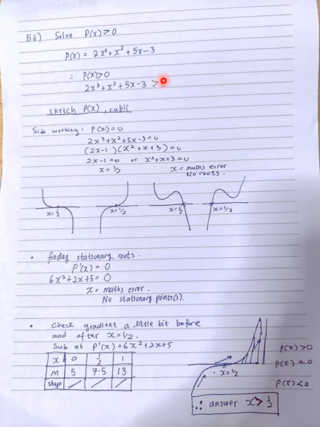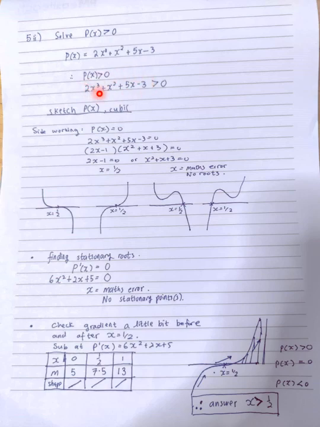You cannot just solve this by using an equation. This is not an equation, this is an inequality. As I told you, in terms of quadratics, you have to sketch the graph first. Similar to cubic, this is cubic, right? You have to sketch this cubic equation first.